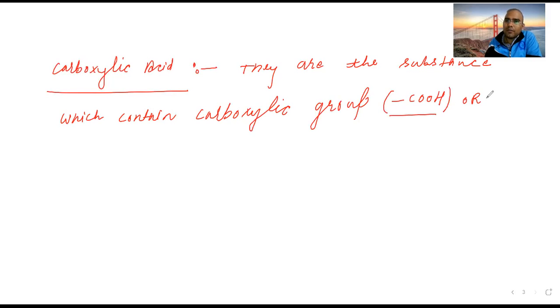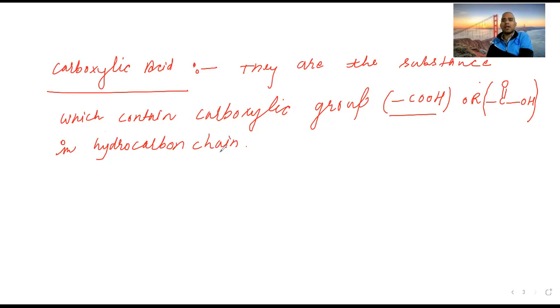We can also write it as COO and OH; both are the same. They are the substances which contain the carboxylic group in a hydrocarbon chain.